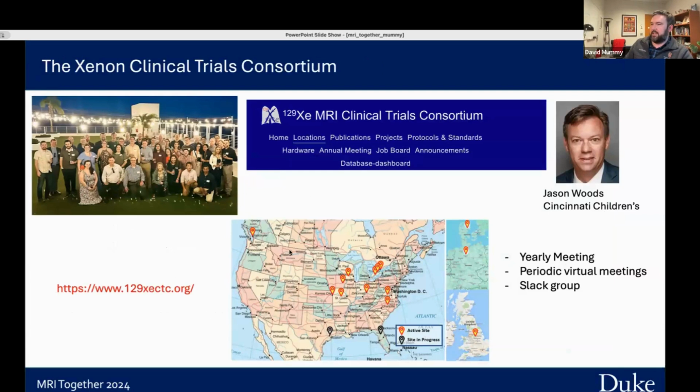There's about 15 active sites, and I think 2 or 3 more, this is a little out of date, who are getting stood up. And we get together every year to talk, and then we have periodic online meetings, and then a Slack group, which I love. This has been really helpful to help us have a more formalized format for comparing our methods and driving towards some sort of harmony.